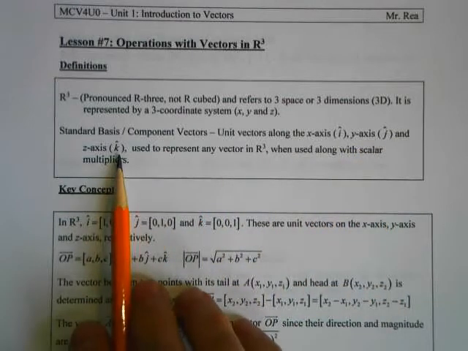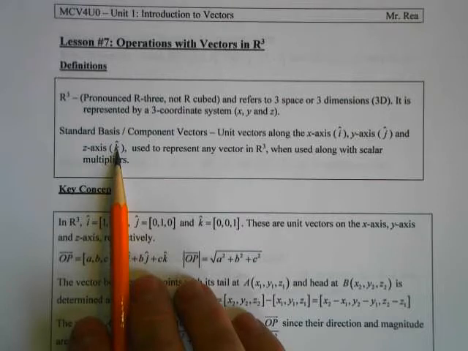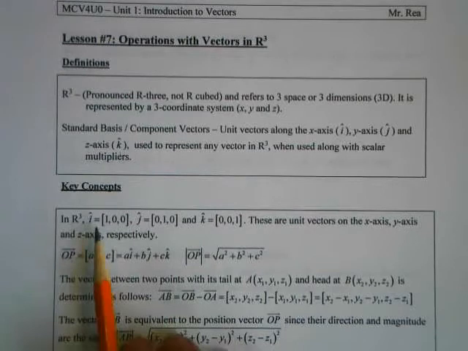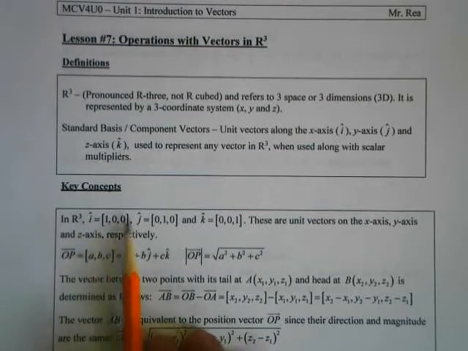And we've now added this k hat vector, which is a unit vector along the z axis. So we need that in order to identify any vector in R3. So our component vectors in R3 are i hat, j hat, and k hat.